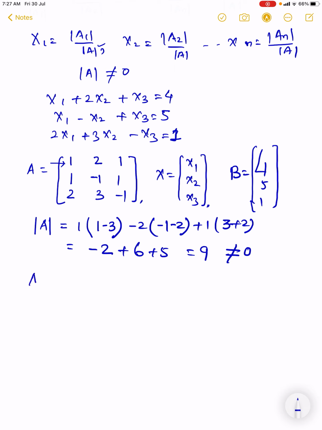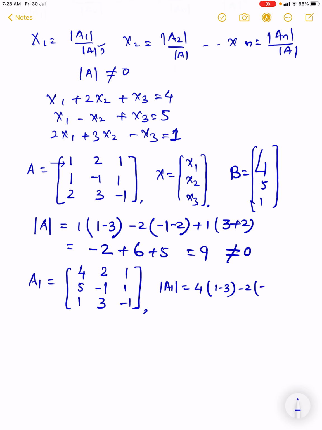For this, A1 is the first matrix replaced by the column B, 4, 5, 1, through the first column. The remaining two columns are the same. This is the new matrix A1, and determinant A1 is equal to 4 into (1 minus 3), minus 2 into (minus 5 minus 1), and plus 1 into (15 plus 1).